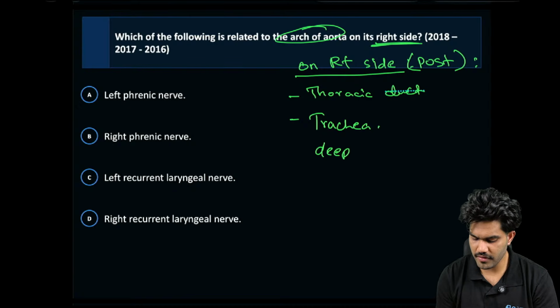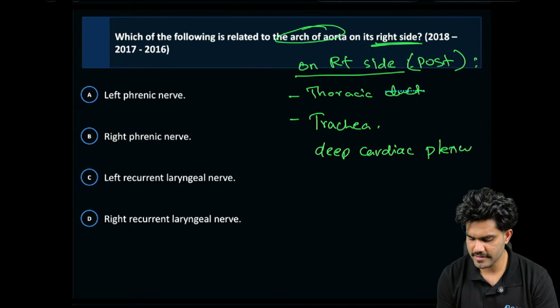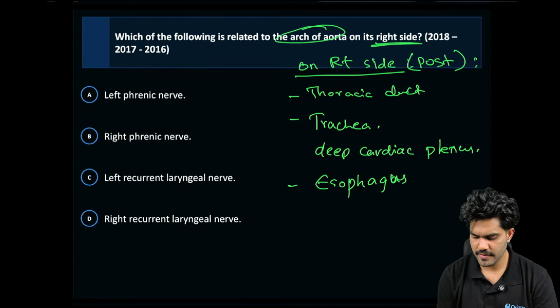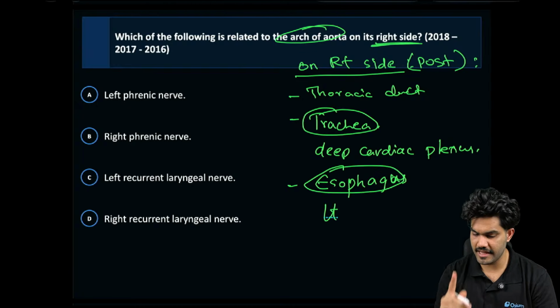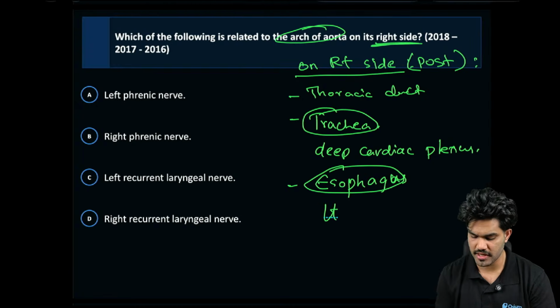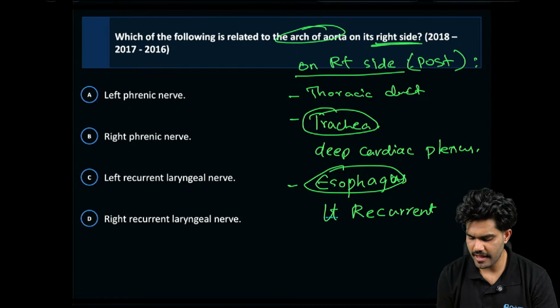Near trachea, we all know which plexus we have. Yes, deep cardiac plexus. And also, if there is trachea, there should be esophagus. Yes, in between trachea and esophagus, there is one nerve sandwiched. That is very important. Left recurrent laryngeal.